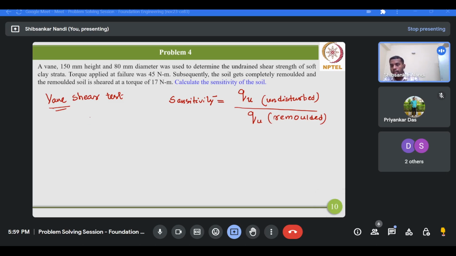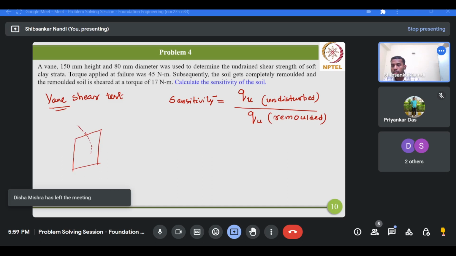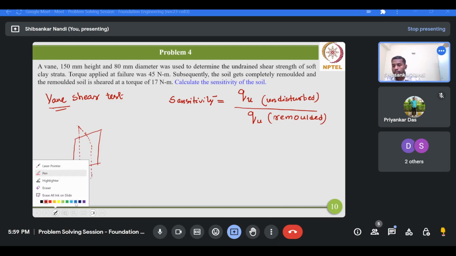So in the vane shear test, basically it's something like that. You can visualize. So this is one blade, then this is one blade, okay, and this is connected by some rod, though my drawing is not good.